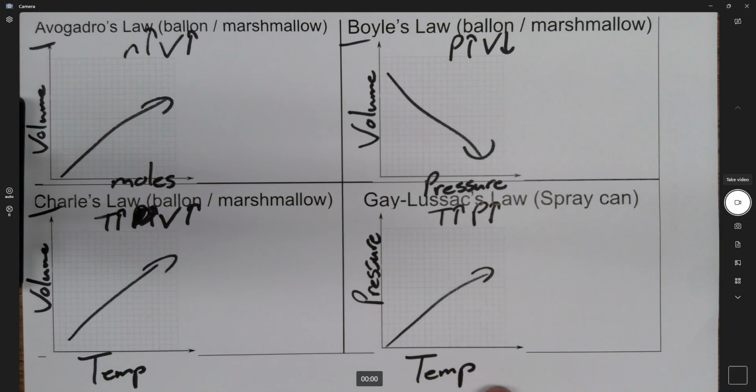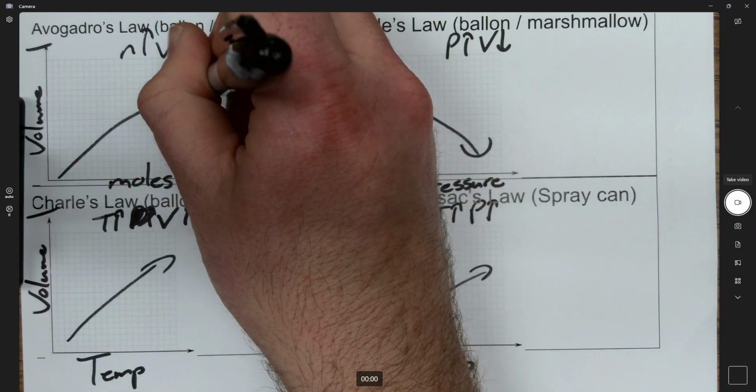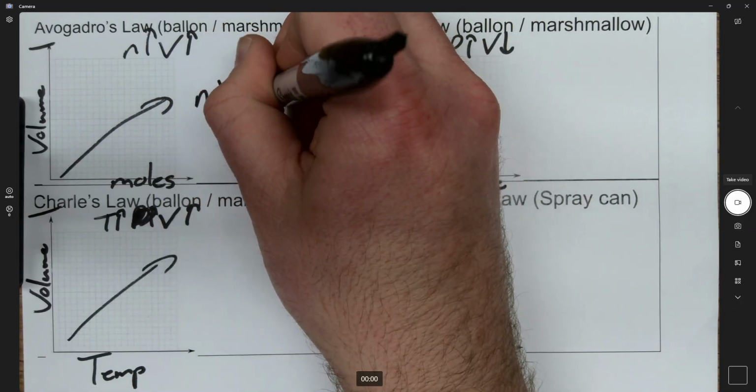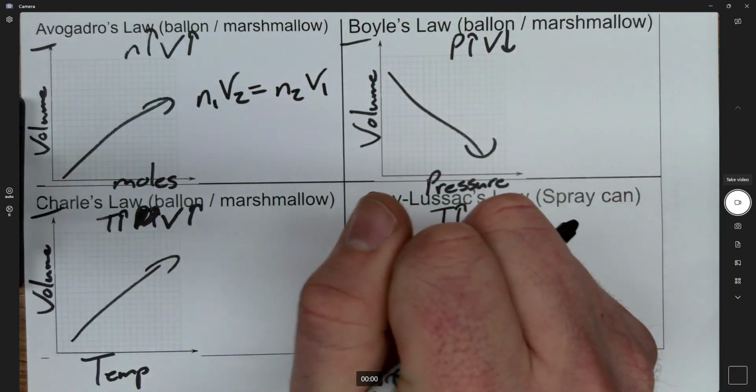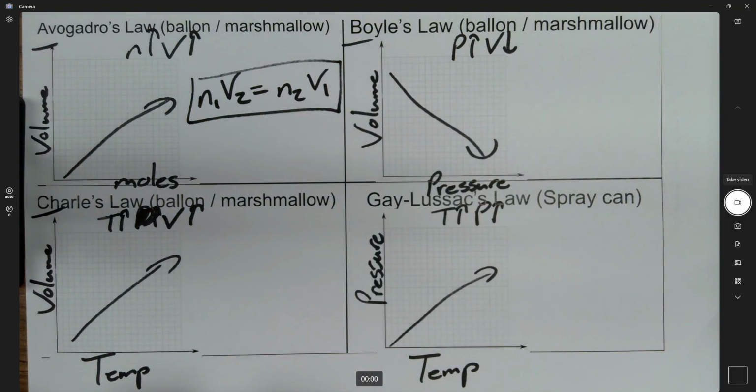When it comes to Avogadro's law, N1 times V2 is equal to N2 times V1. This is the formula I want you to know. Do not worry about the two ratios equaling each other. This is what you are going to be using, because you guys don't learn about cross multiplication anymore in Algebra 1 or 2.